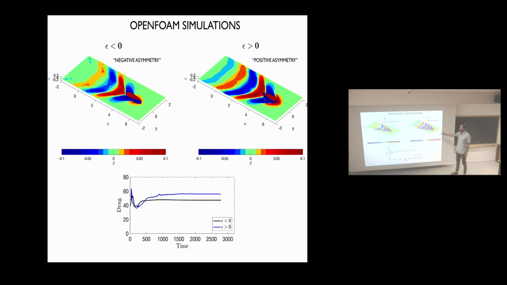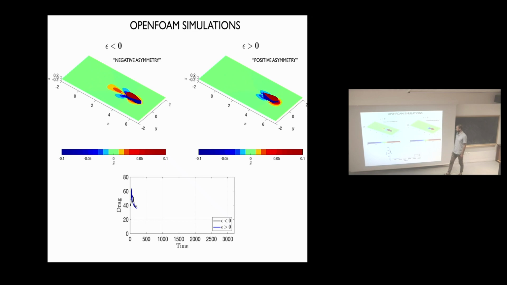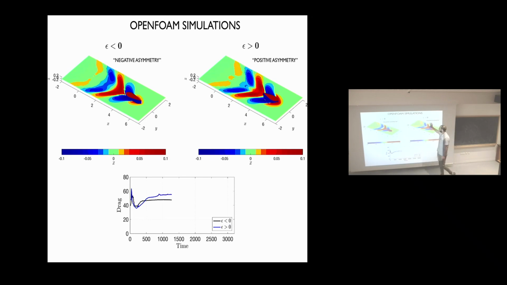But this is just shown using a numerical simulation. Likewise, you can calculate the drag as a function of time in these simulations. And you see that over some time, the blue curve loses. It's got more drag. The blue curve corresponds to positive asymmetry, so this one. Are there any questions about that?